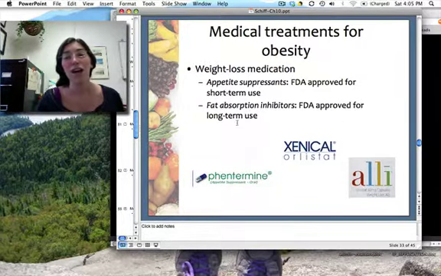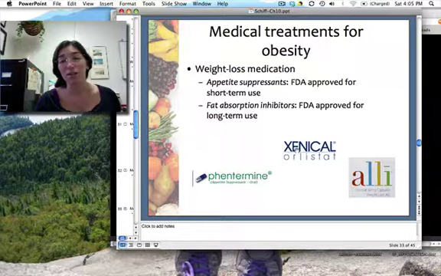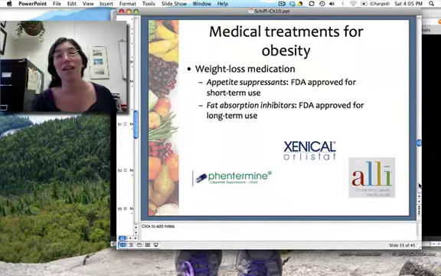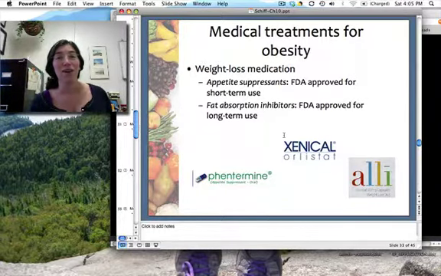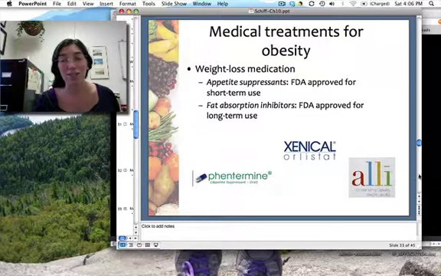So these are actually FDA approved for long-term use. They do have side effects. We talked about the fatty diarrhea, because you're not digesting and absorbing your fat properly. But they can enhance weight loss when taken along with a reduced calorie diet and increased physical activity.